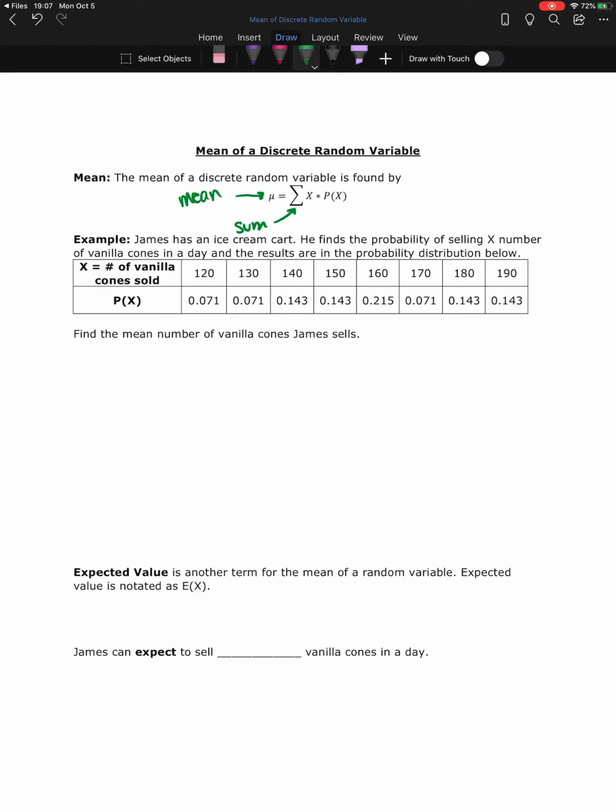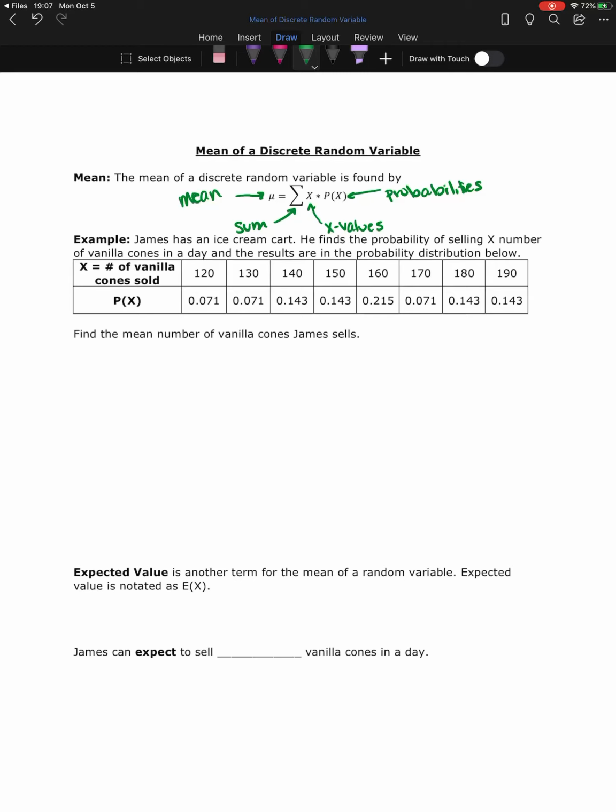So remember, this symbol stands for mean, this is the sum, these are our x values and their probabilities. We don't have to do any division. We're just looking at the multiplication piece.